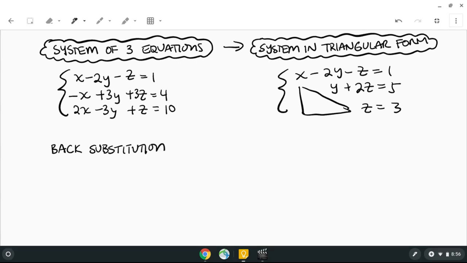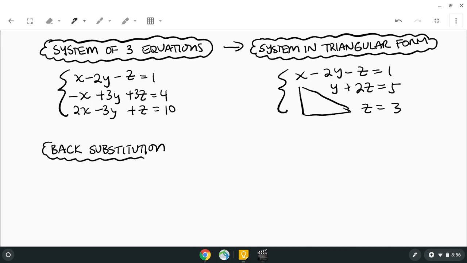You have to solve for all three variables, not just x, not just y, but x, y, and z. So then, back substitution.